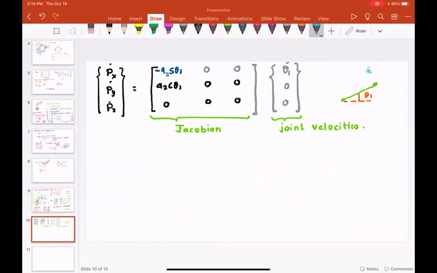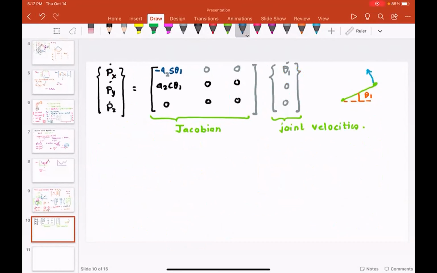So you have a component of velocity in this direction, so basically this arm is going like this.